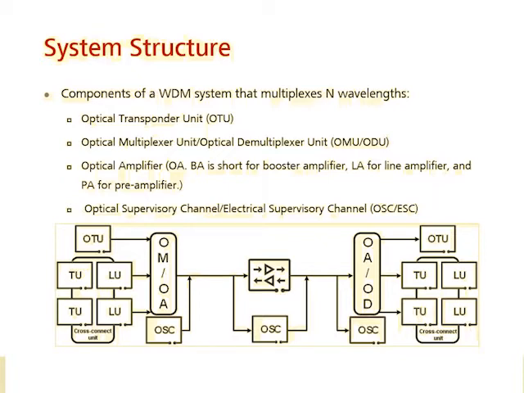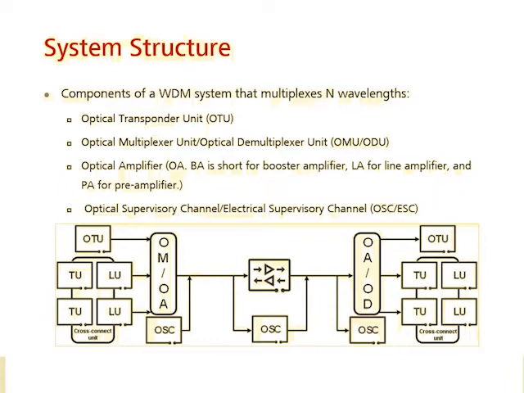So you can see in our WDM structure, before our service signal is amplified, we drop the OSC channel into the OSC board. And after the service is amplified by the optical amplifier, we add a new OSC channel into the service signals and transmit to the destination station.